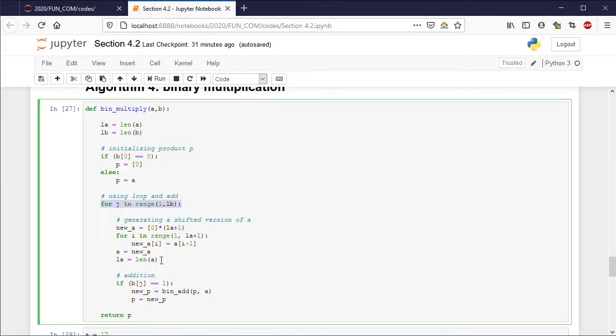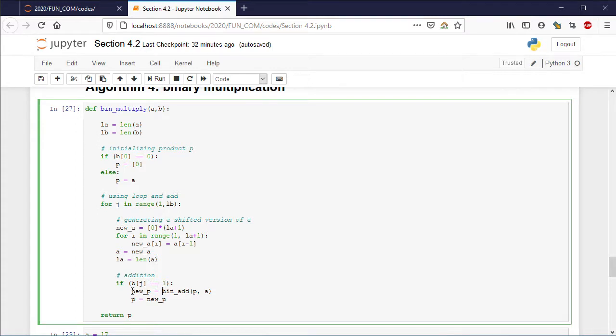So even though we use a for loop to do the shifting, in practice we can always do this by shifting some bits in the memory, so we don't need too many operations. What may relate to the complexity is this line, because in the worst case, you can imagine that all the Bj are 1.